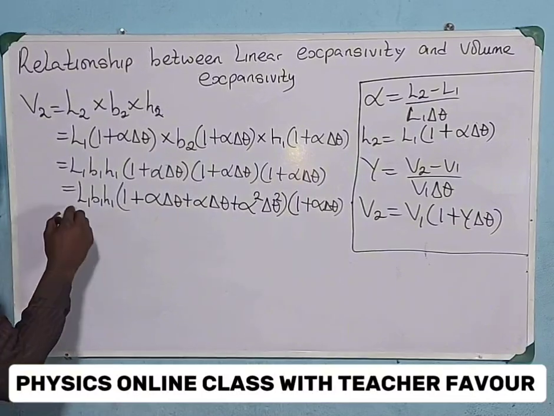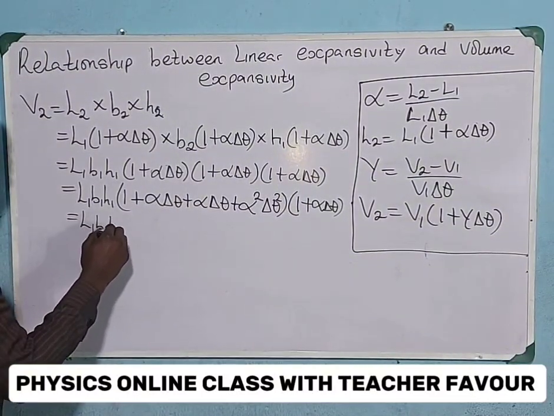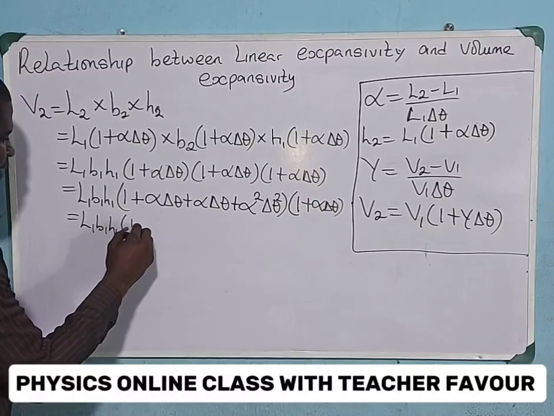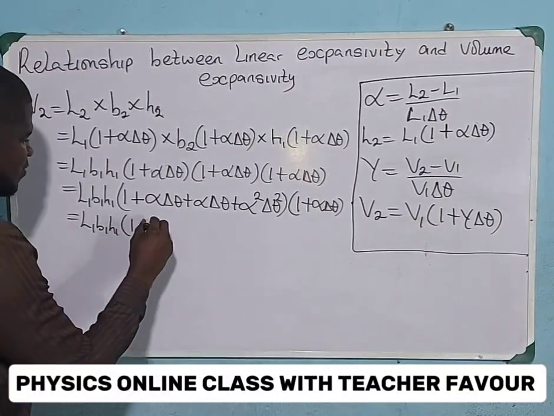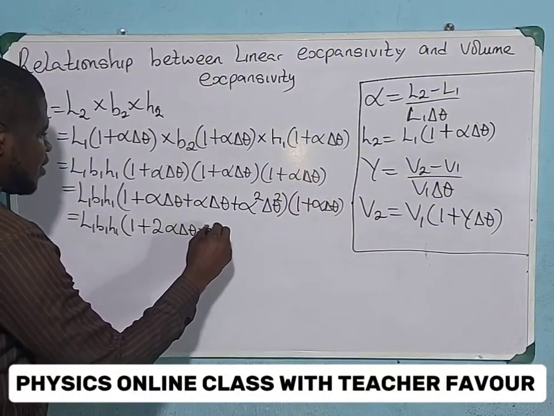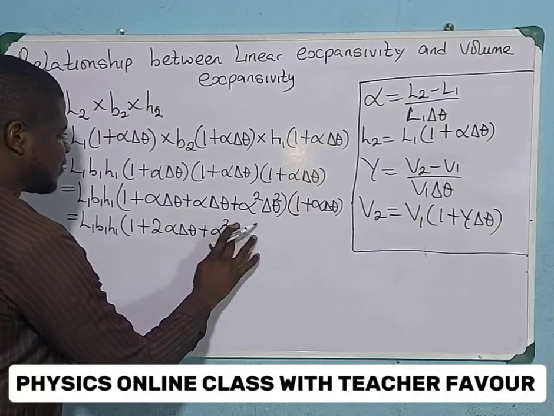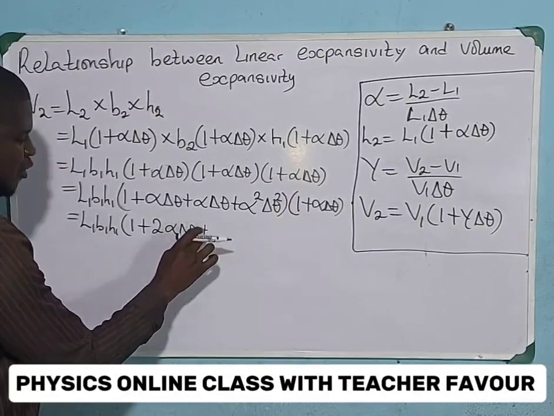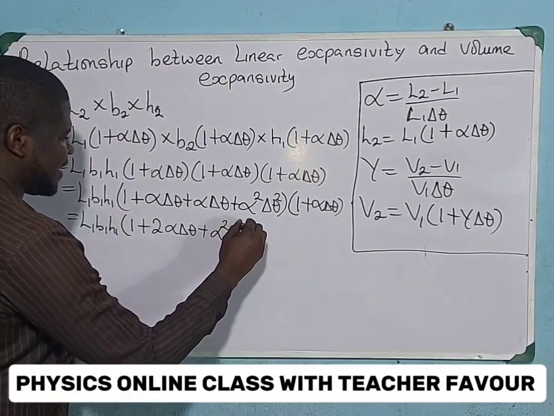I hope you're following. We bring down this L1, B1, H1, bracket 1 plus, these are two like terms, so we collect them. So here will be 2 alpha delta theta plus alpha square delta theta square.